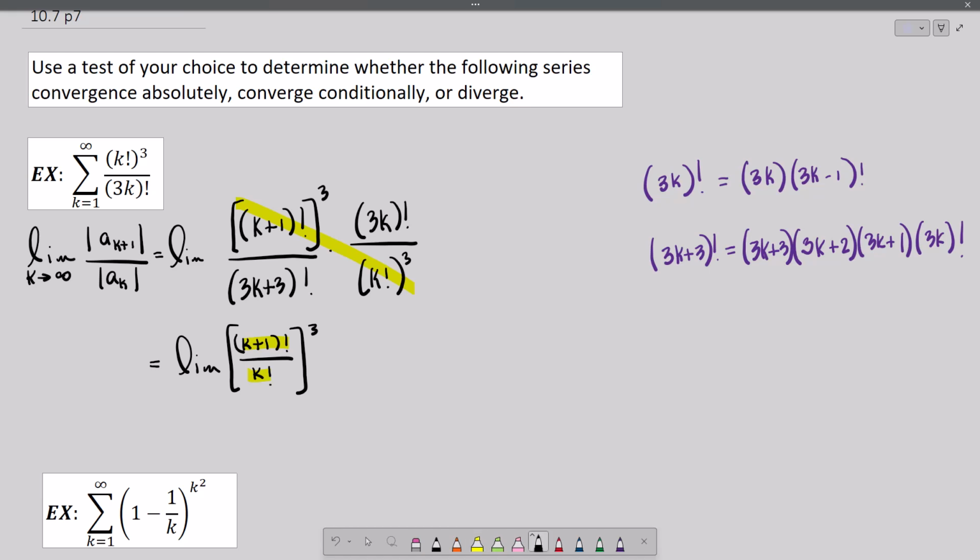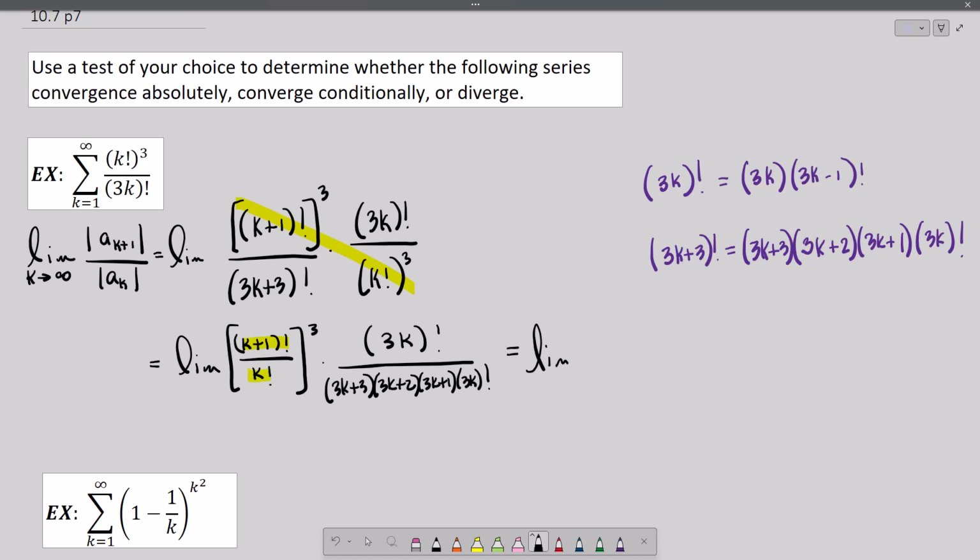And then the 3k quantity factorial, when we divide by this 3k plus 3, we're going to expand it. We're going to make that 3k plus 3, 3k plus 2, 3k plus 1, and then 3k factorial.